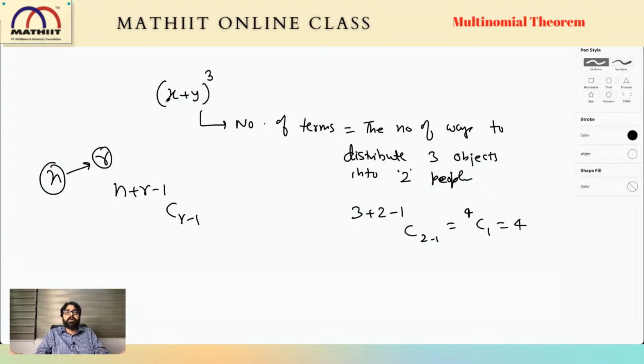It means 4 terms will come, because every term is a distribution only. So there will be 4 terms. I am sure everybody is able to understand.